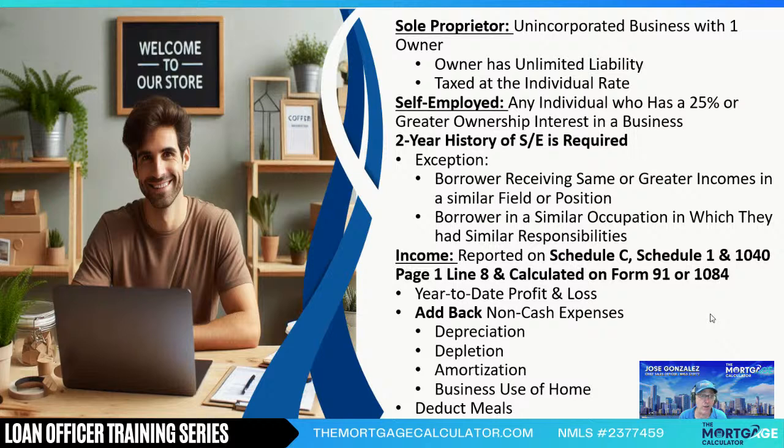And these are depreciation, depletion, amortization, and business use of the home. Now, please note, depletion and amortization are very similar. You're usually not going to have both. That is basically a business startup expense. However, the accountant specifically needs to report it as amortization, and not business startup expense.